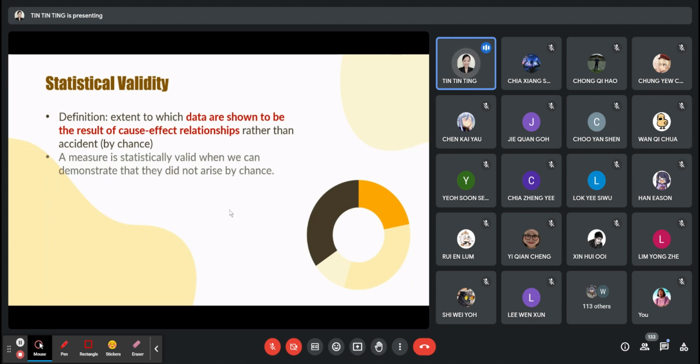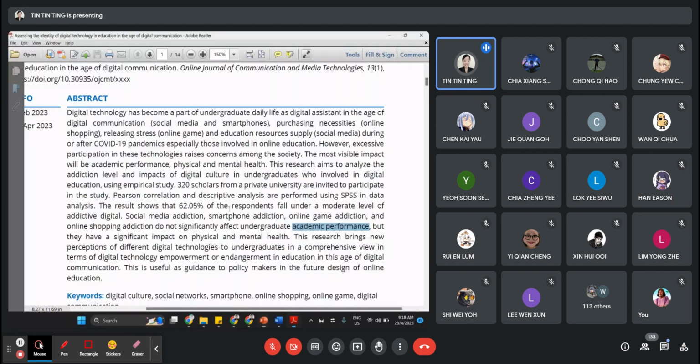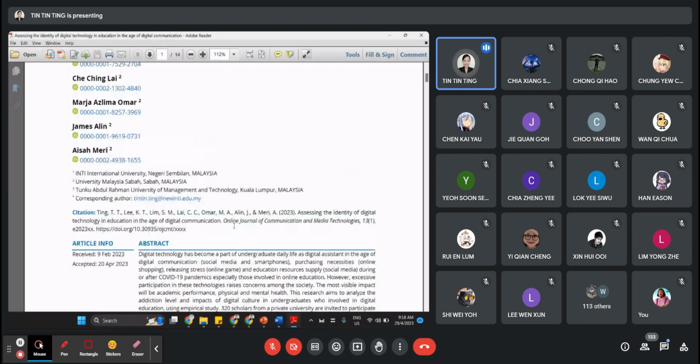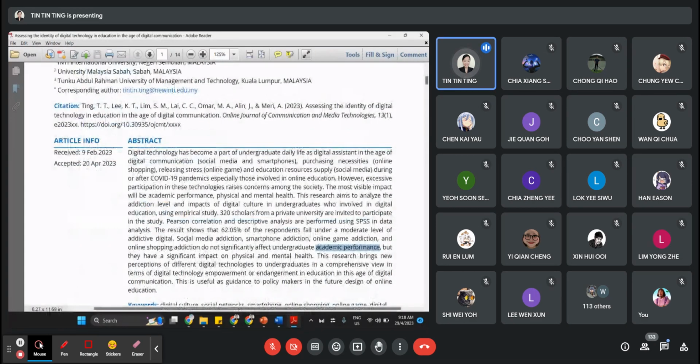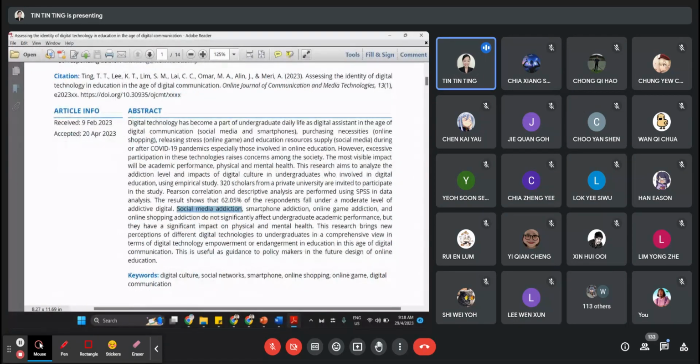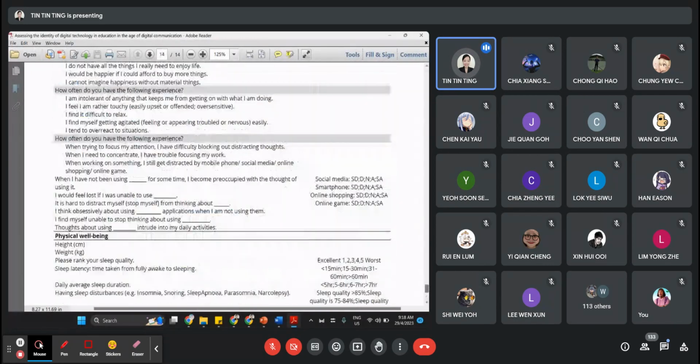Appropriate measurement techniques. How do you measure the result? Like for example, just now we have an experiment, this paper. We have a paper where we want to find out whether the addiction, social media addiction, smartphone addiction, online addiction. How do you measure whether someone is addicted? So we have a list of questionnaire here.